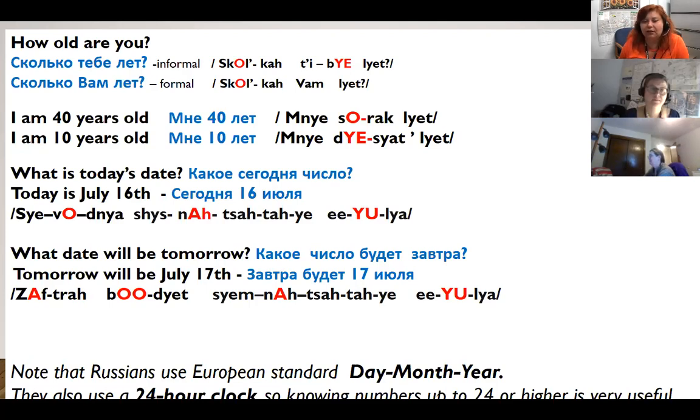As you see, the word число is neutral, so the number correlates with this neutral noun, and you say 16, 31, 27, they all are in neuter form.